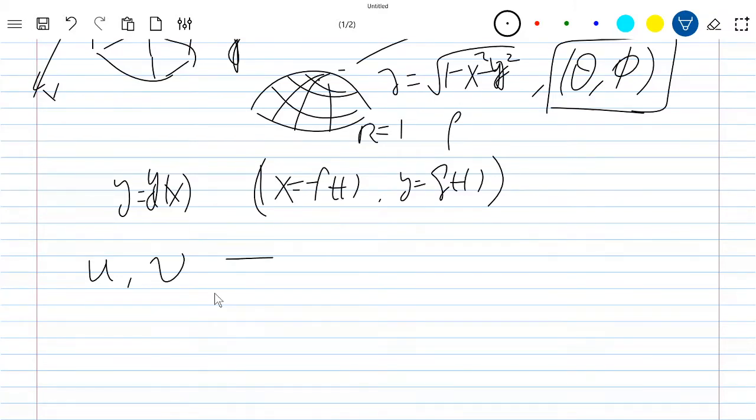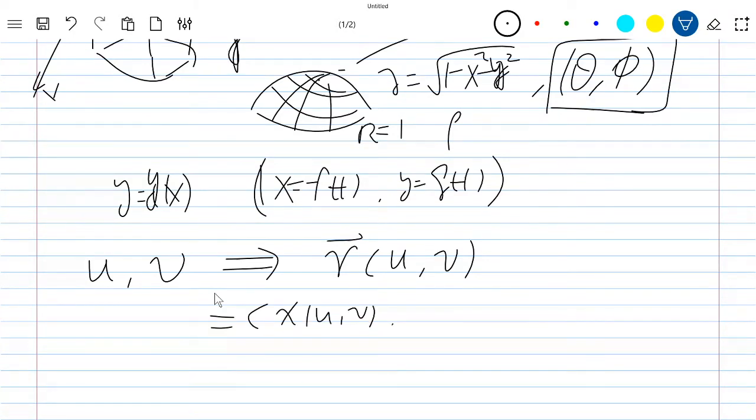Then u and v will give you a function. The points on the surface are defined as a vector function of u and v, or you can say x(u,v), y(u,v), and z(u,v).